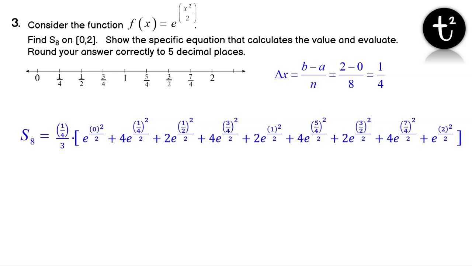So I get e to the 0 squared over 2, plus 4e to the (1/4) squared over 2, plus 2e to the (1/2) squared over 2, plus 4e to the (3/4) squared over 2, plus 2e to the power 1 squared over 2, plus 4e to the power (5/4) squared over 2, plus 2e to the power (3/2) squared over 2, plus 4e to the power (7/4) squared over 2, plus e to the power 2 squared over 2. And again, my evaluation here, using my calculator with the Riemann sum program, is 4.73100.